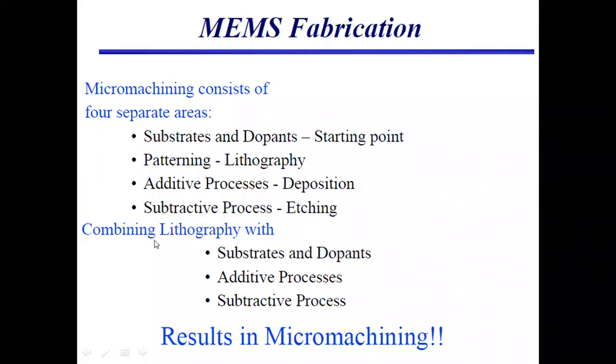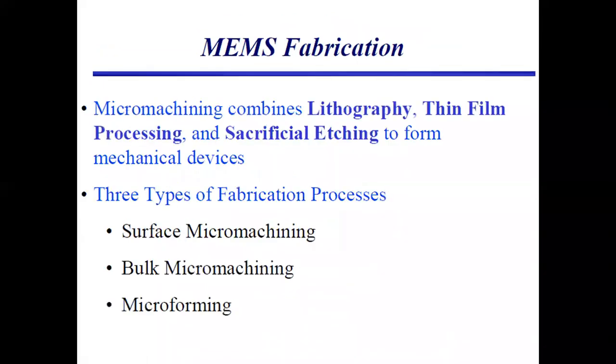We are combining lithography with substrates and dopants, additive process, and subtractive process, and at the end, the result is micromachining. So all these steps are known as micromachining or microfabrication.